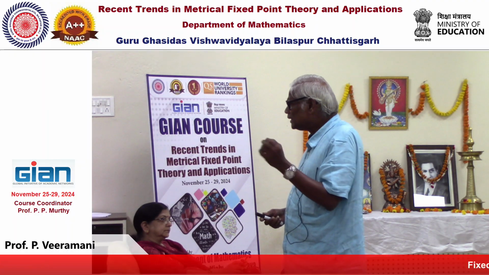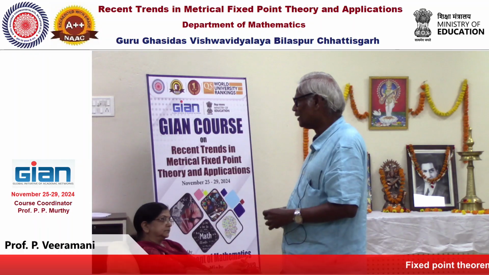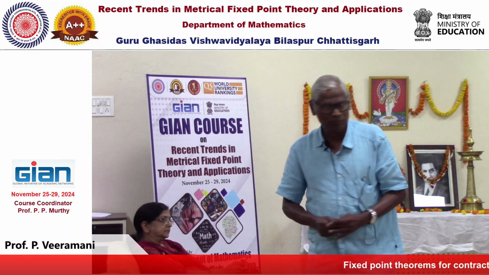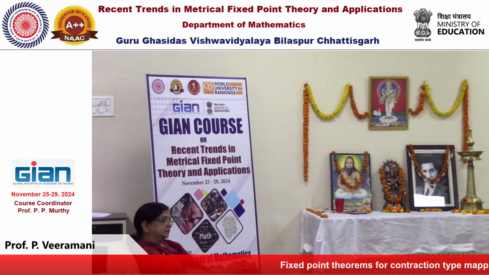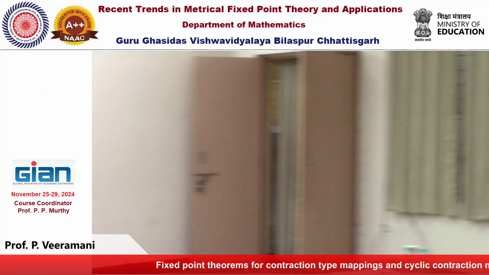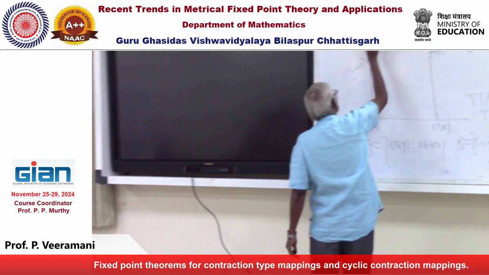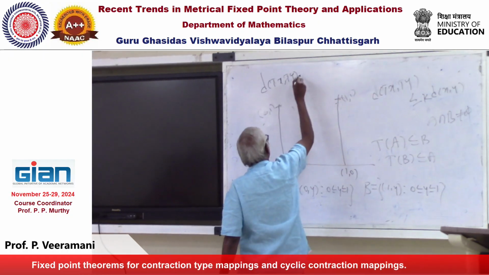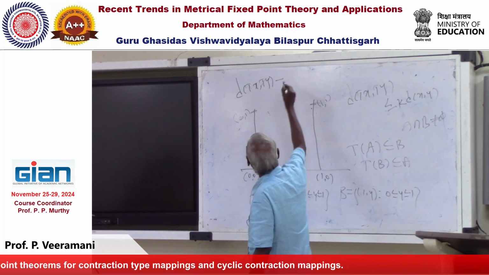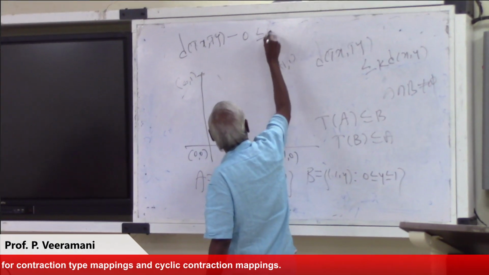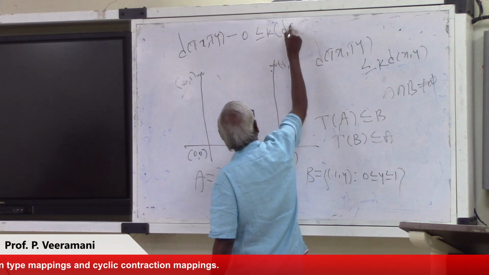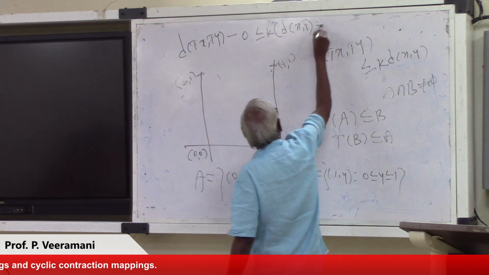Then it is almost like a contraction type. So after T we will come and discuss: the distance between Tx and Ty minus the distance between A and B, I write 0, K times the distance between x and y, anything wrong?